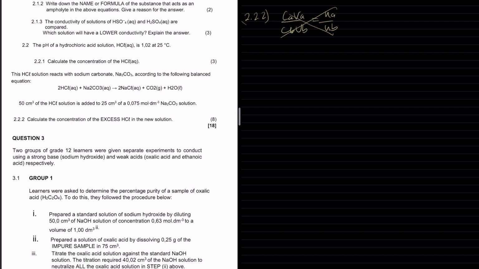The route we'll take is we'll start by calculating the number of moles of the base, which is the sodium carbonate. That's going to be C times V, so 0.075 multiplied by the volume, which is 0.025. Remember, we have to convert to dm cubed. That gives us 0.001875 moles of the base.